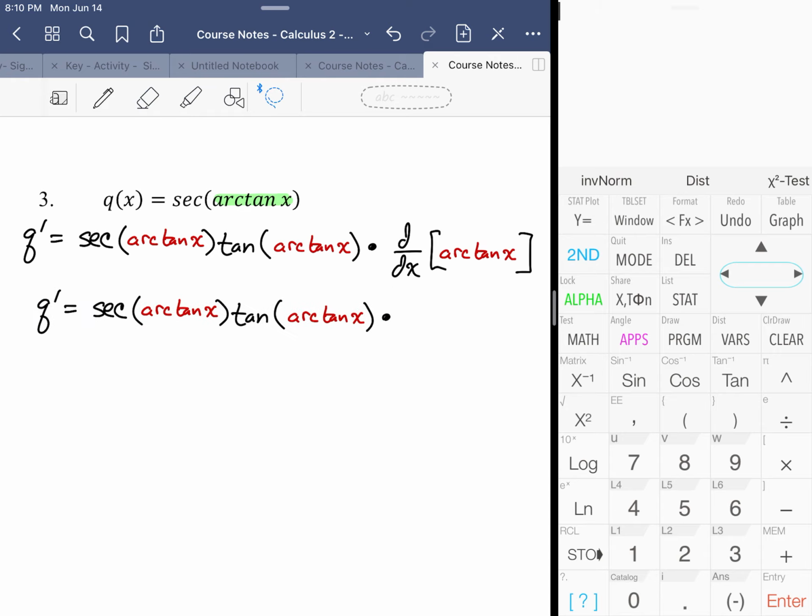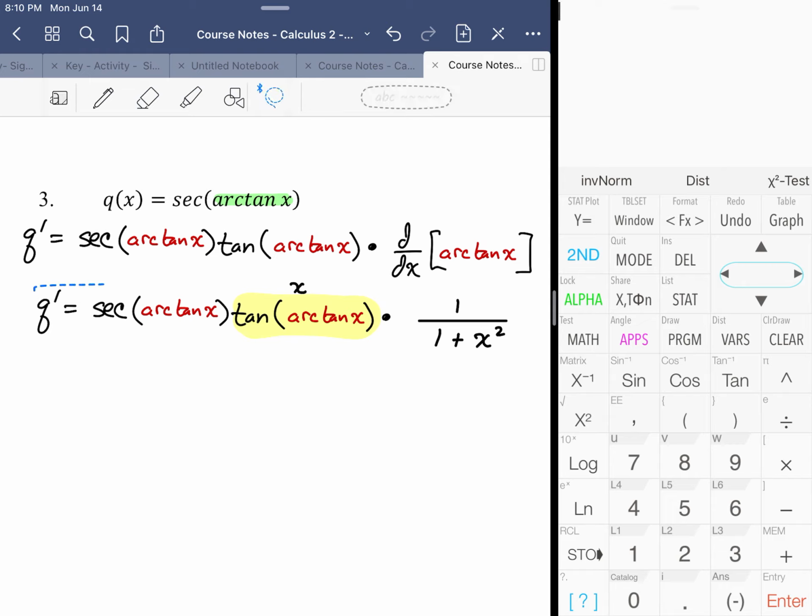Alright, so that is 1 over the square root of 1 plus x. Oh, actually, not the square root. Force of habit. 1 over 1 plus x squared. Now, tangent of arctan of x is kind of a nice little development here. Cancels to just an x.